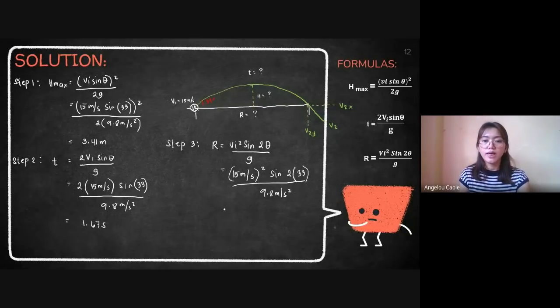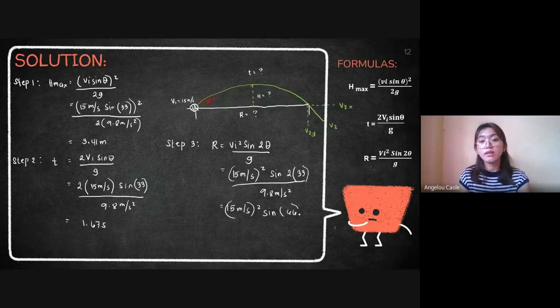So we have 15 meters per second squared, sine 66, divided by 9.8 meters per second squared.